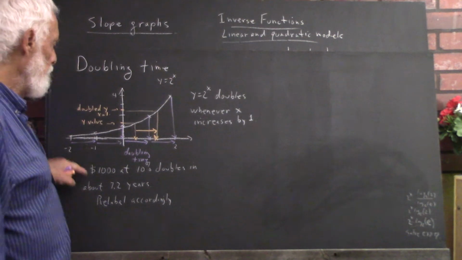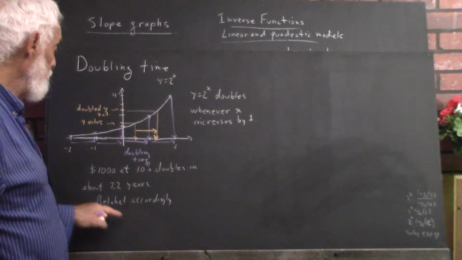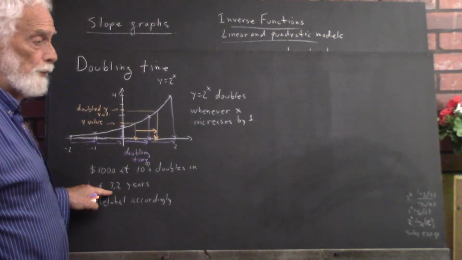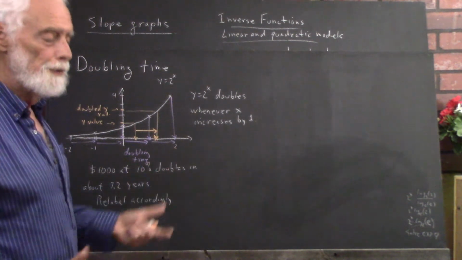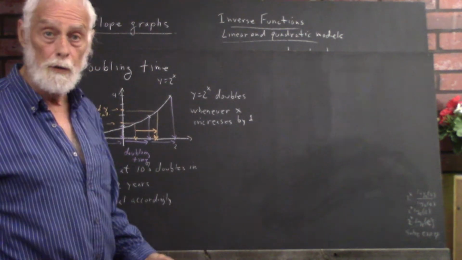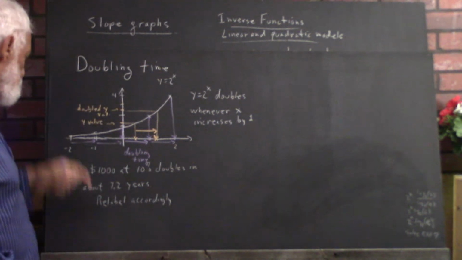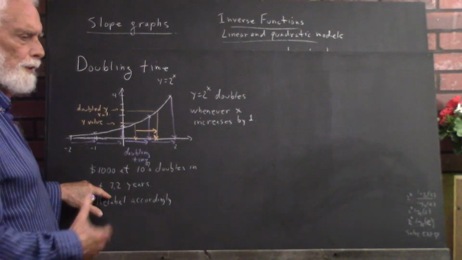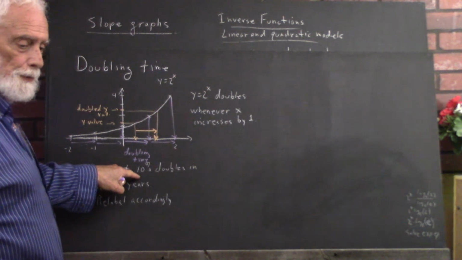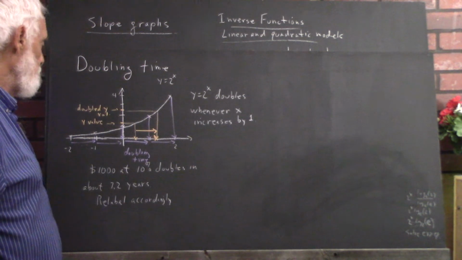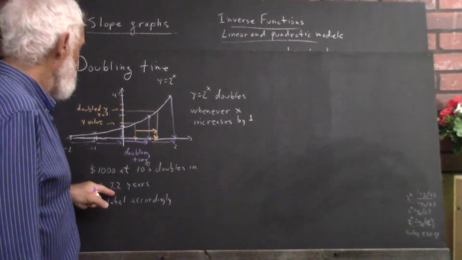let's apply this to the idea of an investment. $1,000 at 10% doubles in about 7.2 years. Now we can calculate exactly when it doubles if we can use logarithms, and we're going to see that shortly. But there's this thing called the rule of 72, where you divide 72 by your percent rate, and you get the doubling time.